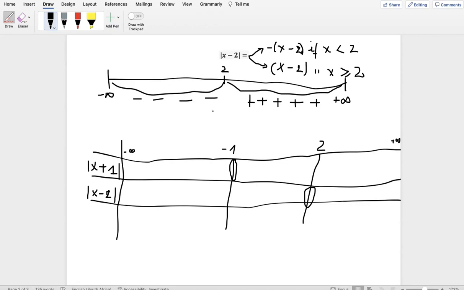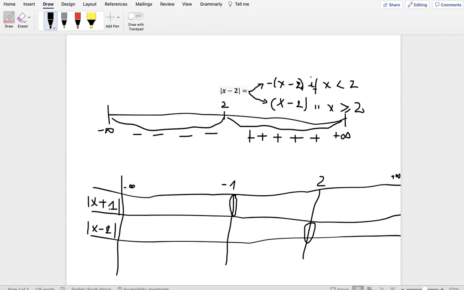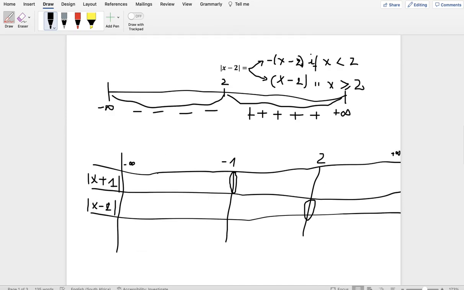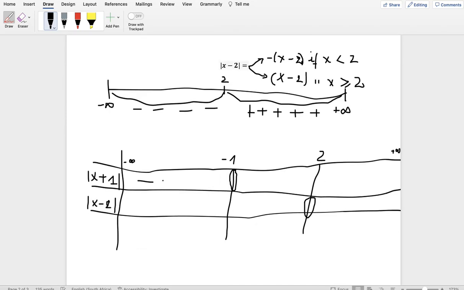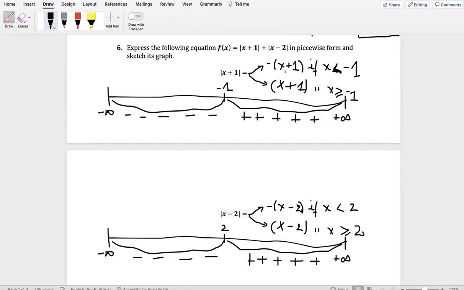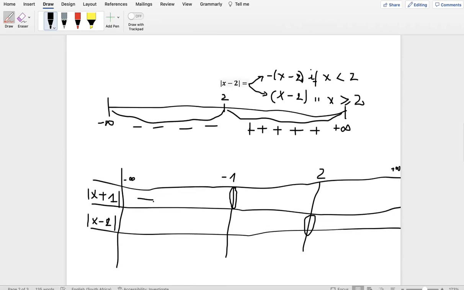And then we said that for all the values that are less than -1, x plus 1 is negative. So you have equal to minus x plus 1.